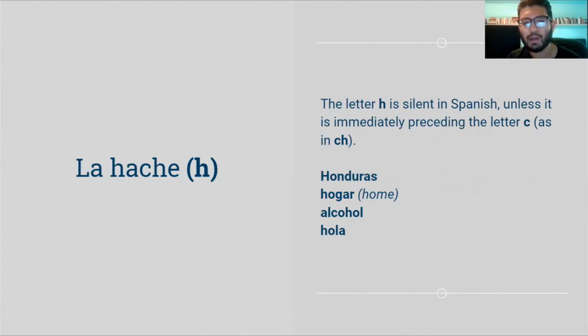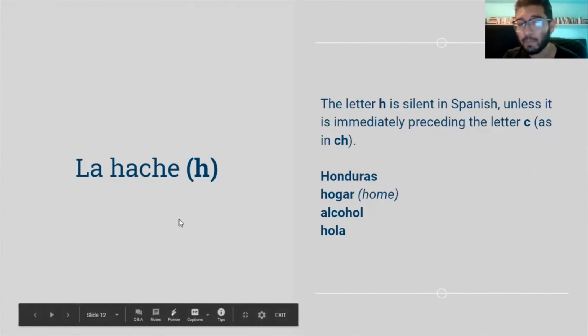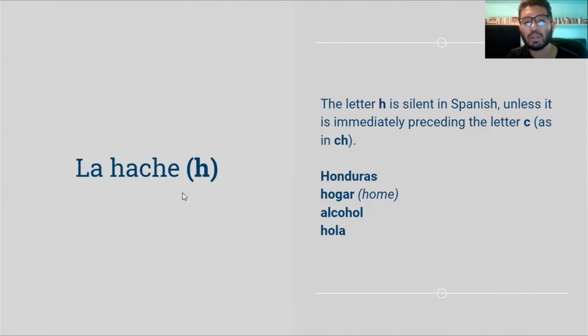Another letter worth highlighting because of its particularity in the Spanish language is the letter H. The letter itself, in how it is spelled, presents its peculiarities. The first H that we see in its spelling is silent.